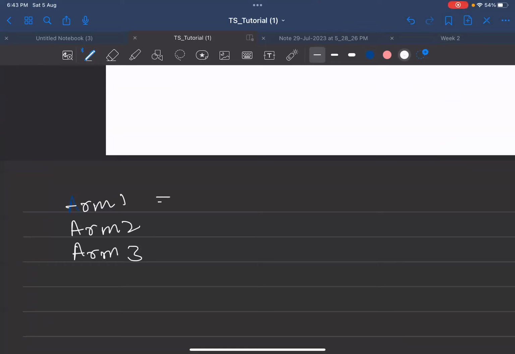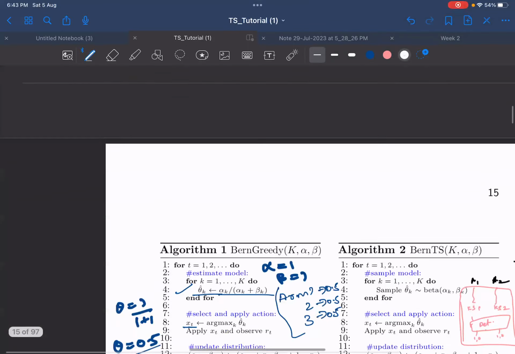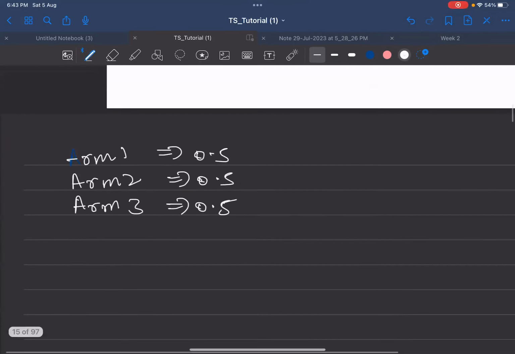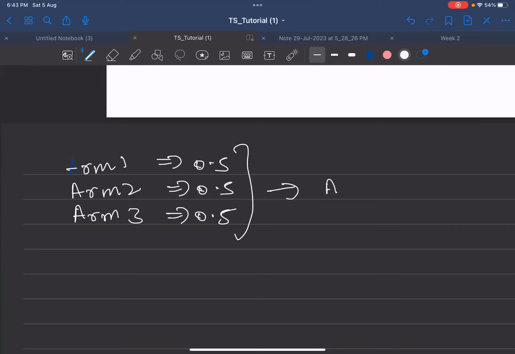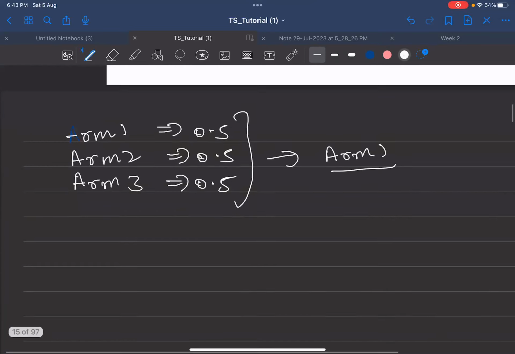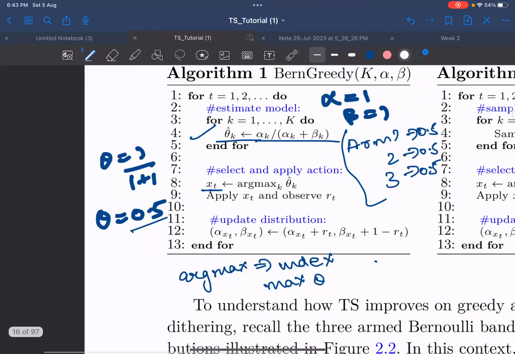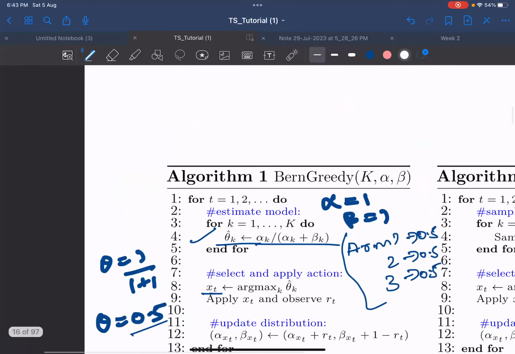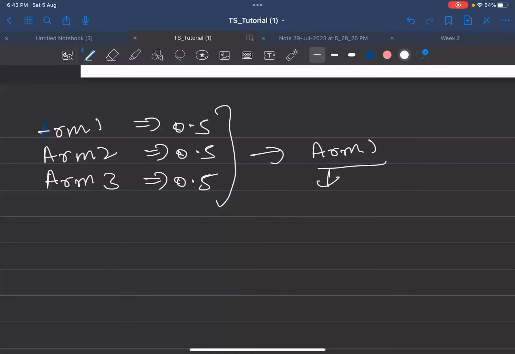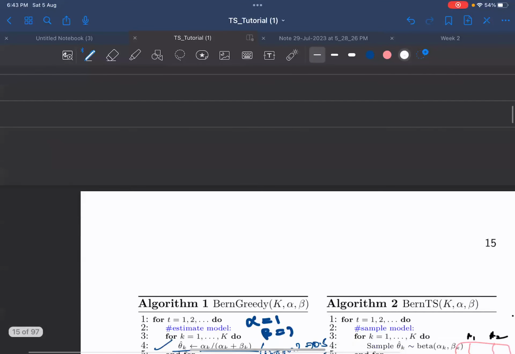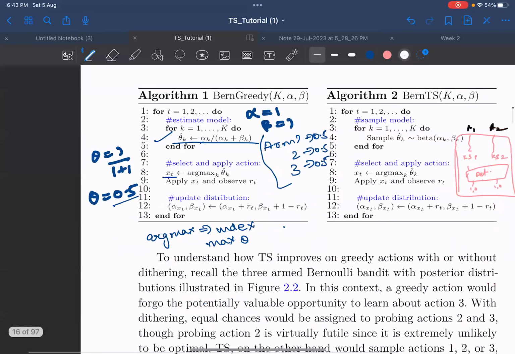Now theta is equal to 0.5, 0.5, 0.5, which means all of them give a 50% chance. Now I'm selecting any arm because all are equal, so let us select arm 1. Now apply xt and observe rt. Suppose this arm gives me the reward 1. Now I have to update the distribution.